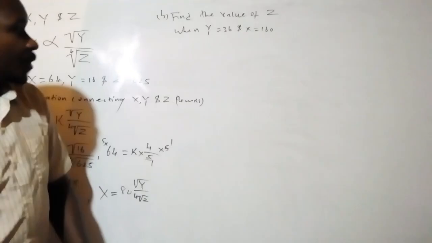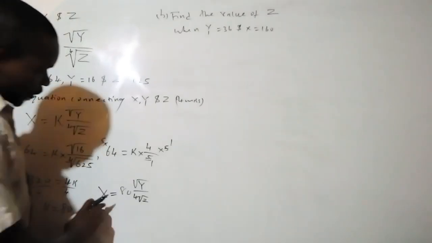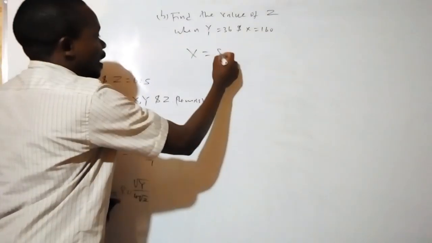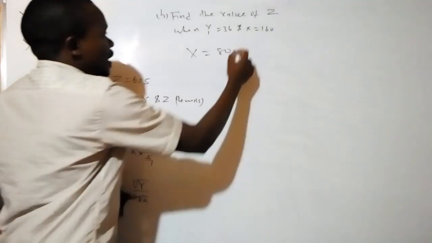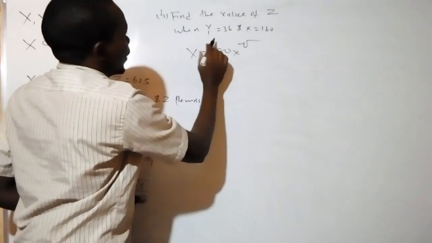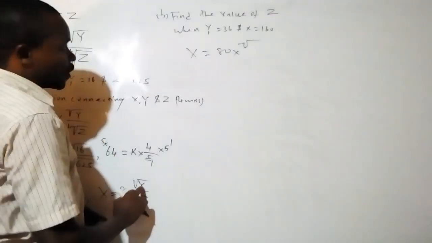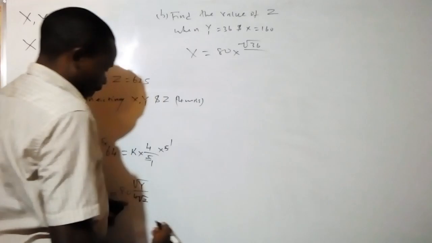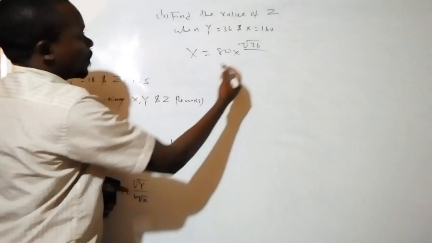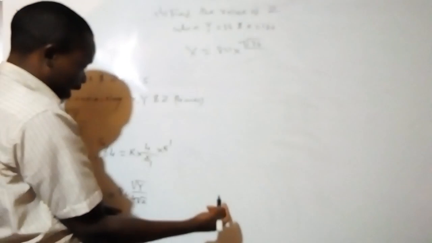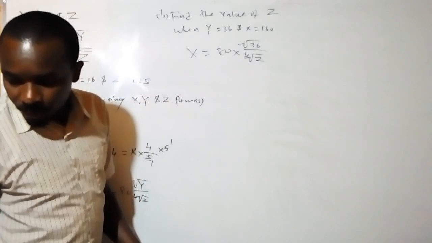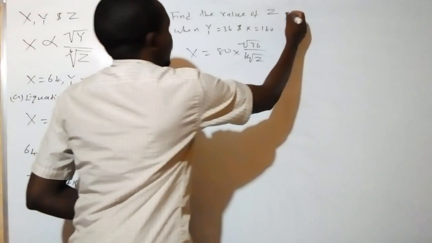You come to our equation here: x is equal to 80 times the square root of y, our y, sorry, y is 36, all over the 4th root of z. Find the value of z. These are 2 marks.